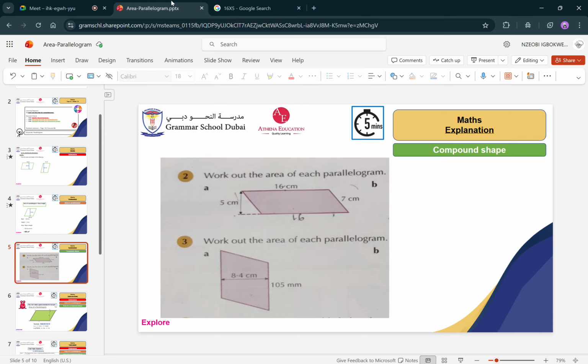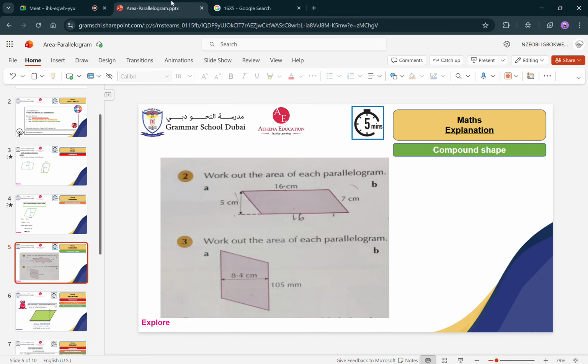Oh, it is just standing sideways. What's the height of the base? The base is what? The base is 105 millimeters. Good. And then the height is what? 8.4. Good. 8.4 what? Centimeters.